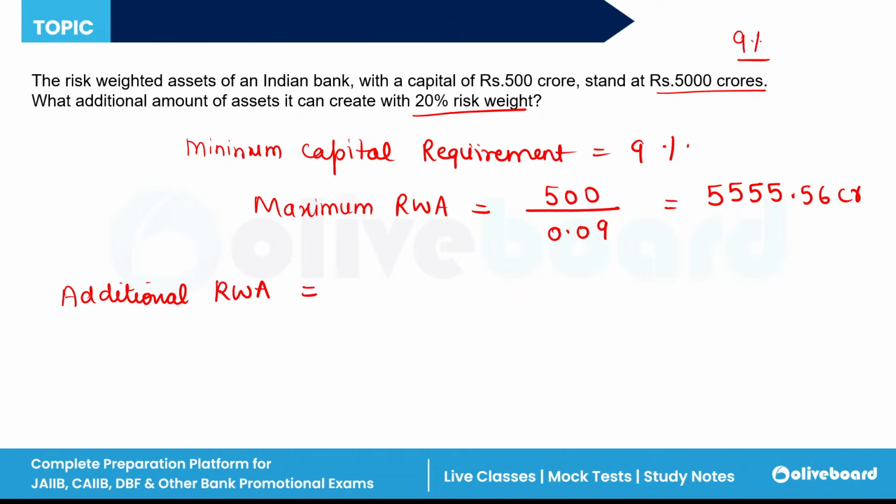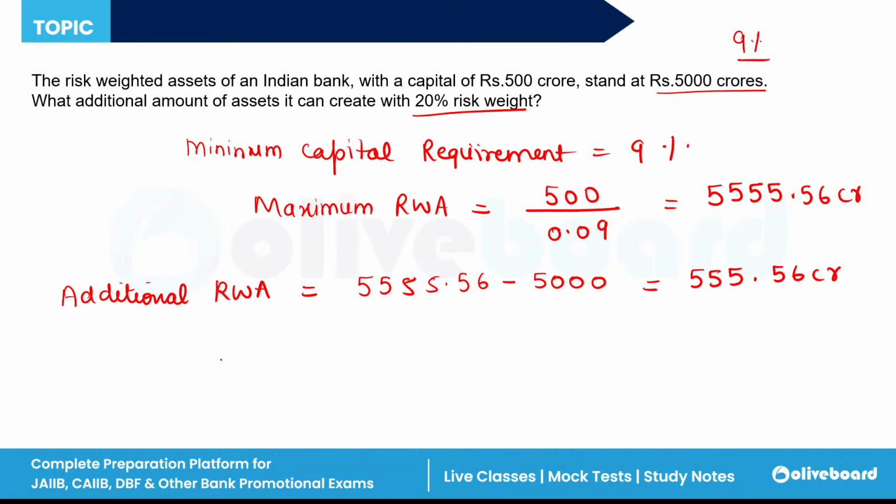Now find the additional risk weight asset here, which is equal to, we have to subtract this one. That is equal to how much? Obviously 555.56 crore. Now convert risk weight asset to actual assets here.